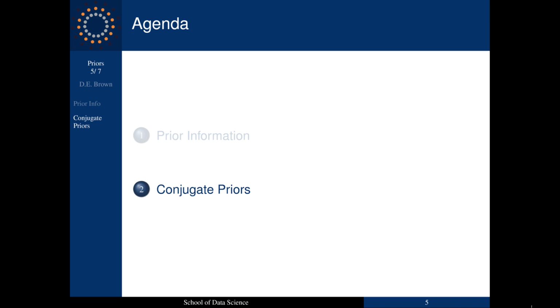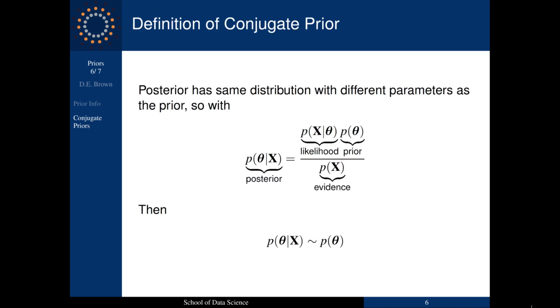Okay, so now let's look at conjugate priors. What is a conjugate prior? A conjugate prior is derived from a problem where the posterior distribution has exactly the same distribution as the prior. When we look at Bayes' rule, we look at the prior on the right-hand side and the posterior on the left-hand side.